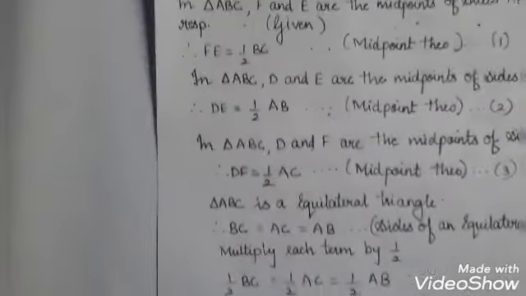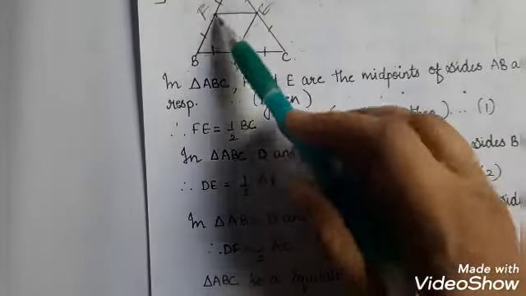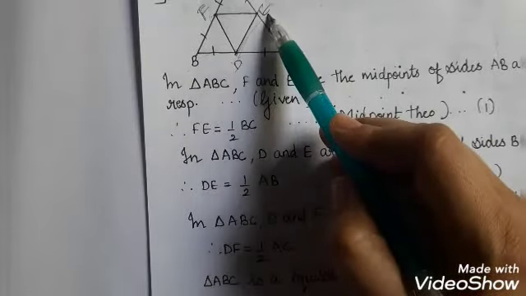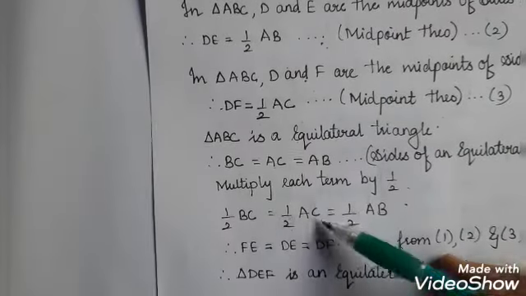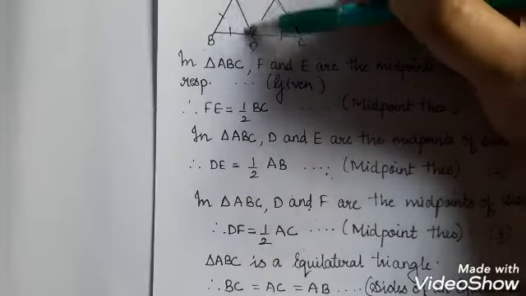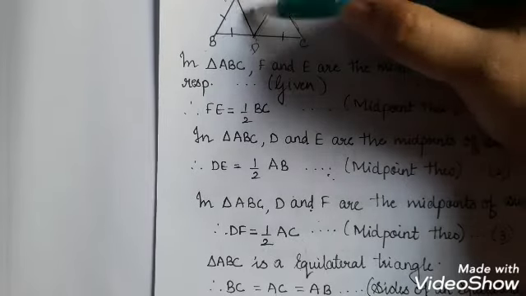So now what is half of BC? Half of BC is FE, right? FE is half of BC. Next, half of AC is DF.